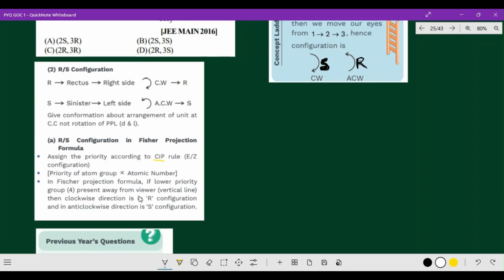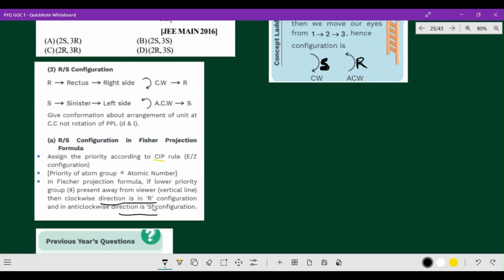Now the second point in the Fisher projection formula: if the lowest priority group, the fourth group, is present away from the viewer, meaning on a vertical line, then clockwise direction means R configuration, and anti-clockwise direction means S configuration.